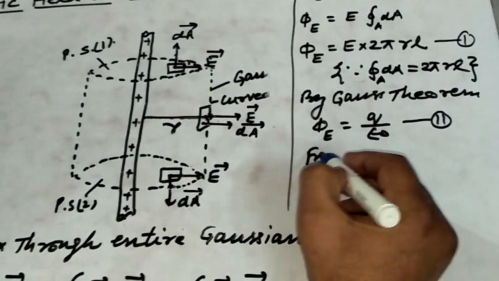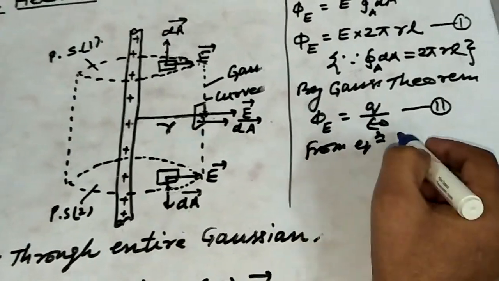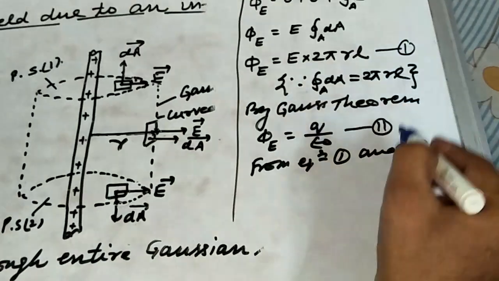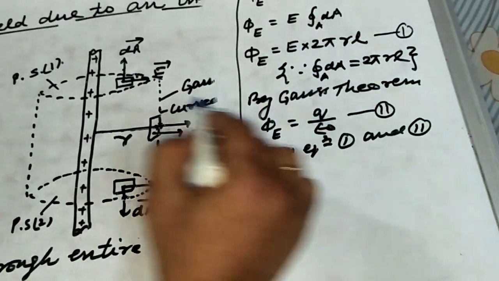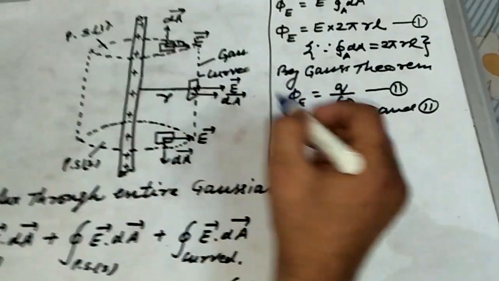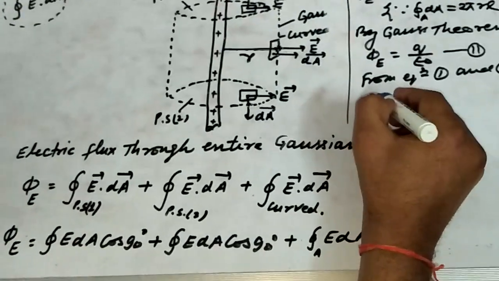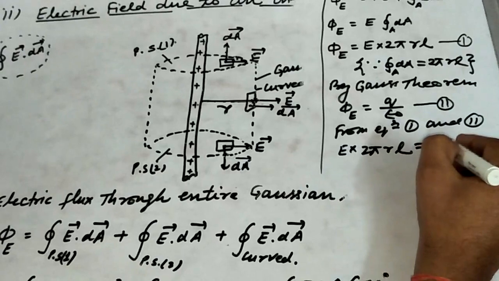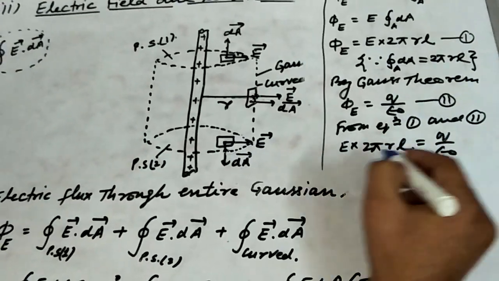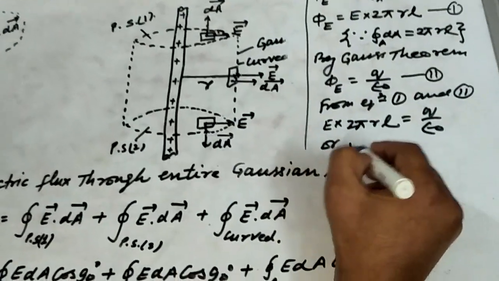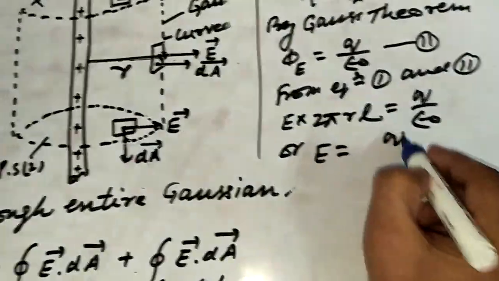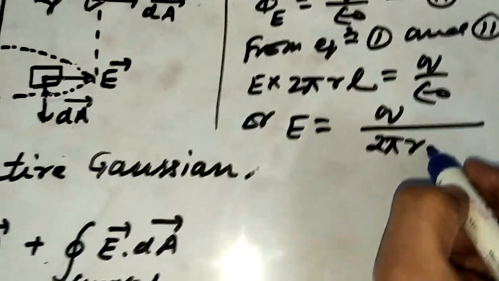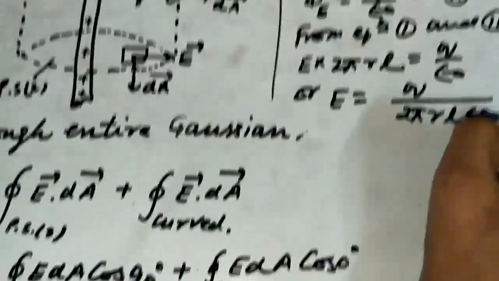From equations 1 and 2, because both give the electric flux passing through this closed Gaussian surface, you can say E into 2 pi RL is equal to Q upon epsilon naught, or E is equal to Q upon 2 pi epsilon naught RL.